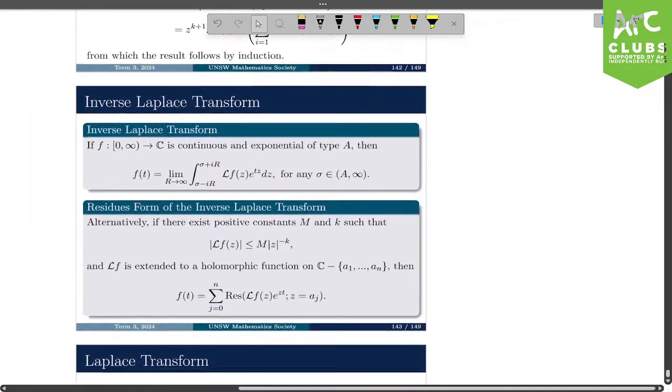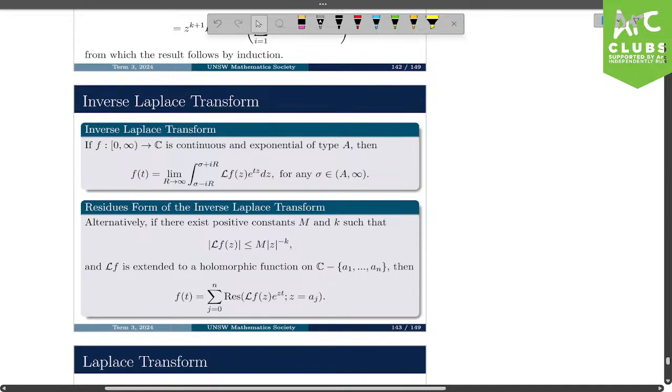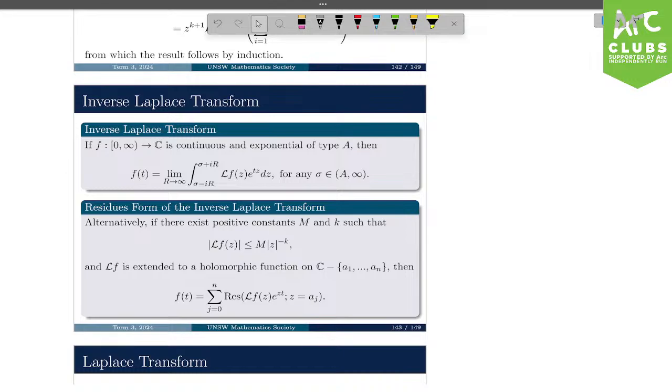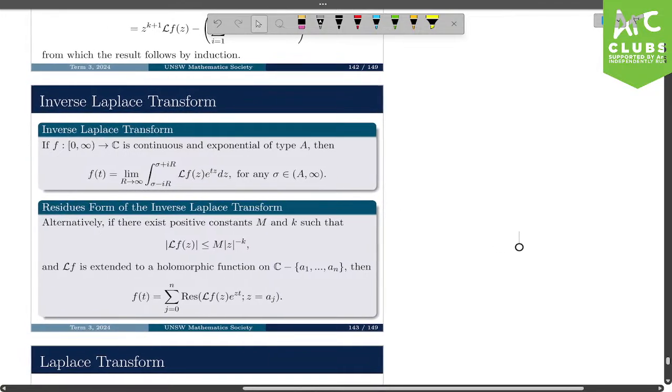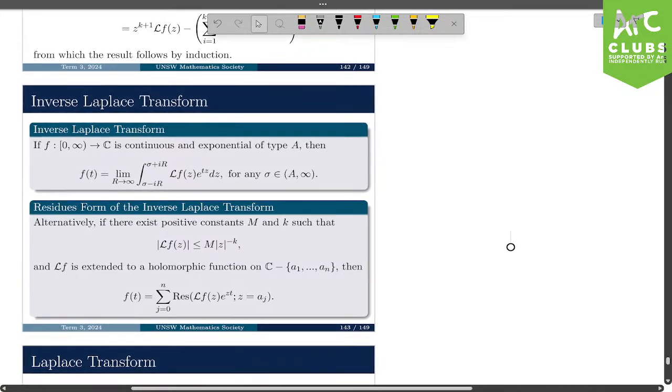Anyways, as mentioned before, as mathematicians, we love inverses for some reason. We like undoing all of our messes, surprisingly. And so if f is from 0 to infinity to c, and is of exponential type a, then we can regain our original function from the Laplace transform, okay, given by this formula. There's not too much to talk about in terms of this.